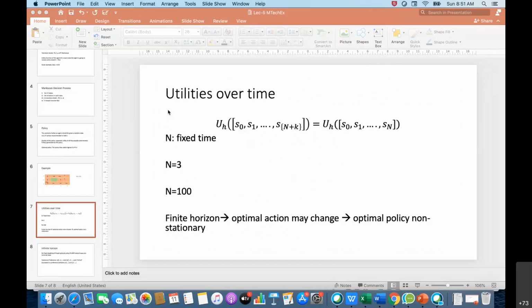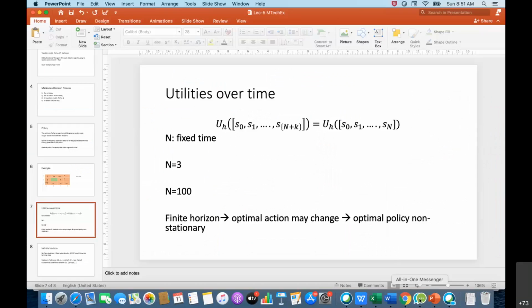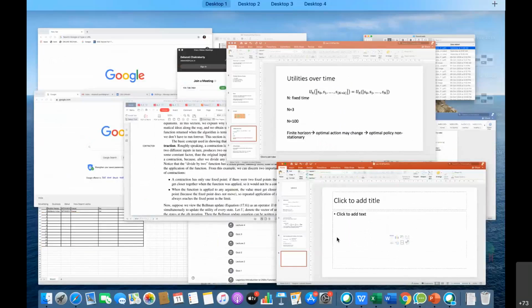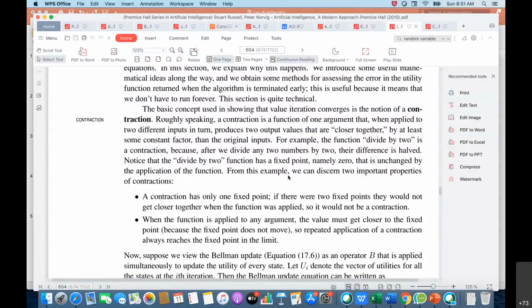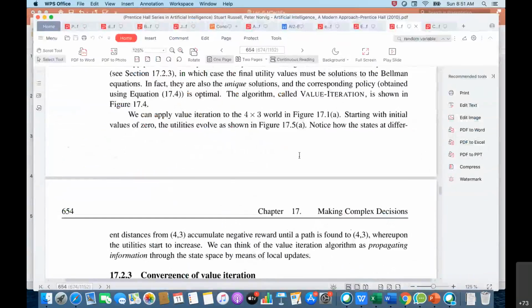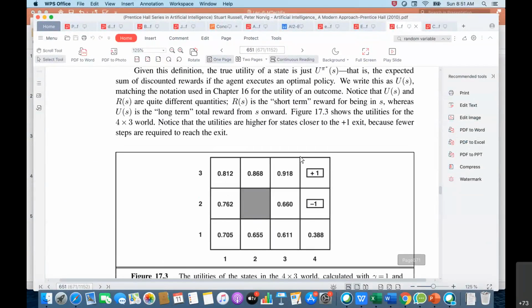I don't know where it went. Anyway, I don't know, some problem might have occurred here. Yes, this is the example.